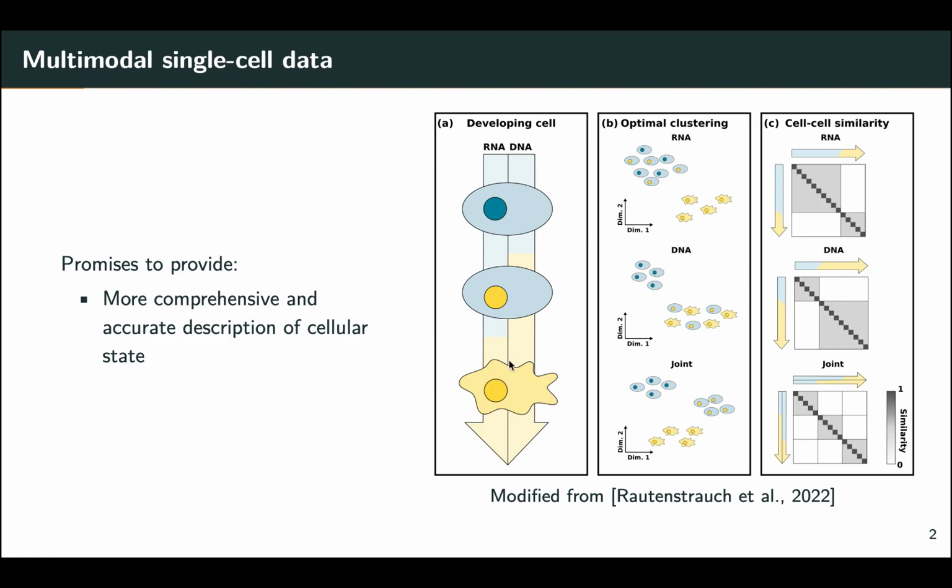On the right, this is a schematic depiction of the process of lineage priming, where changes in chromatin accessibility, depicted here by the color of the nucleus, are foreshadowing or preceding the changes in gene expression, depicted here by the color of the cytosol of those cells. And what you can appreciate in this example is that we are only able to discern this intermediate cell population by looking at the data jointly.